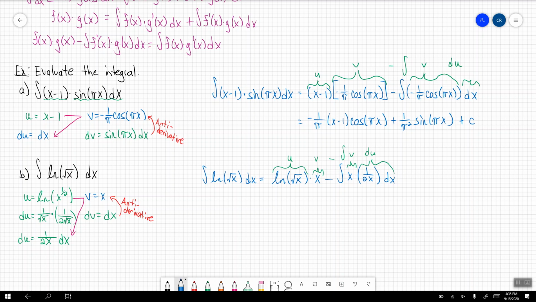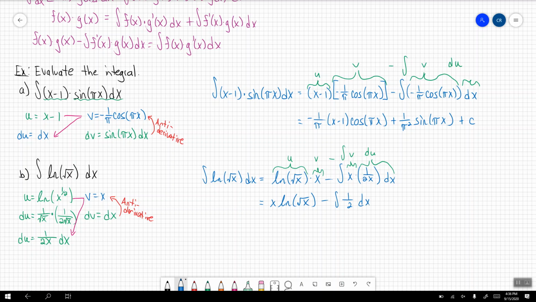Again, integration by parts. So this naturally gets us x times the natural log of the square root of x minus the integral of x times 1 over 2x. The x's are going to cancel, which means we're just left with the integral of 1 over 2 dx.